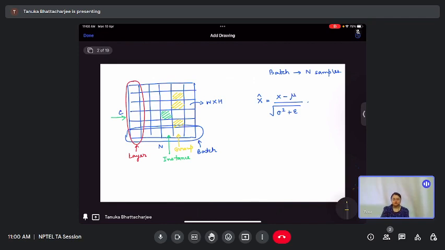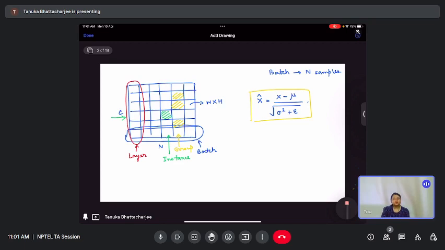Okay. So in all those cases, you are computing mu and sigma in different ways, and you are using this same formula every time to do the normalization, but the values of mu and sigma are different. In case of batch normalization, for each channel you have a different mu and sigma value.